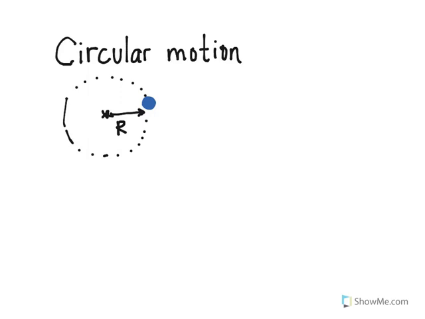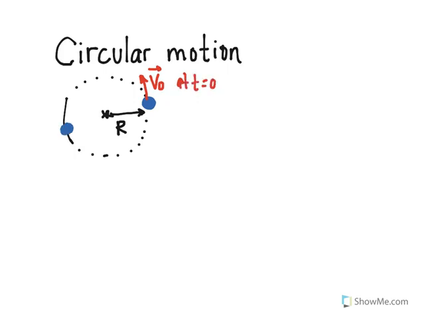But if we analyze, for instance, the velocity of this particle, the velocity is going to be a tangential vector to the circular trajectory. And we could state this is the initial velocity, this is a vector, and this is at initial time.